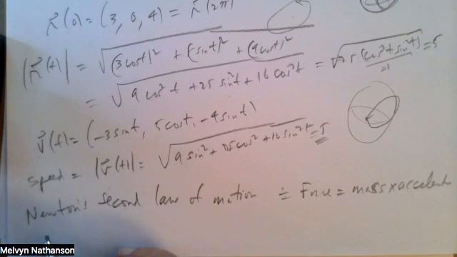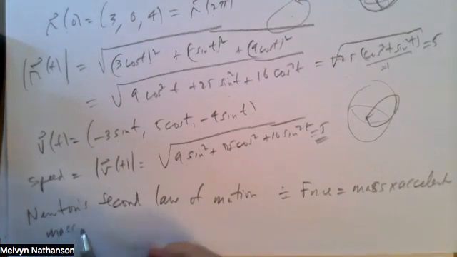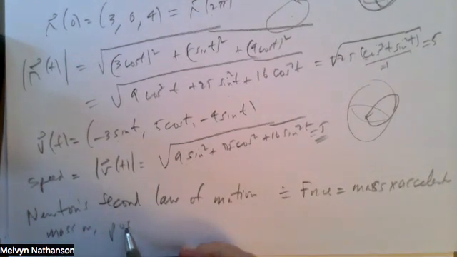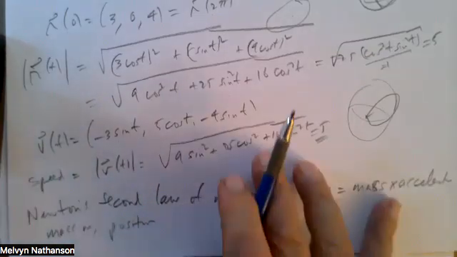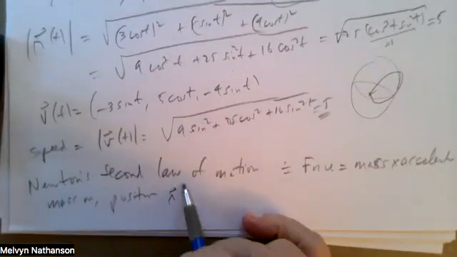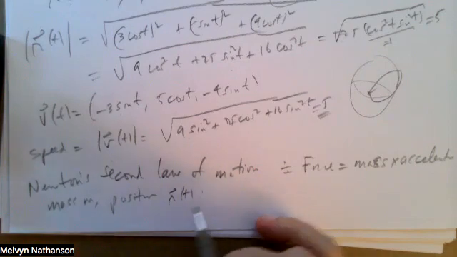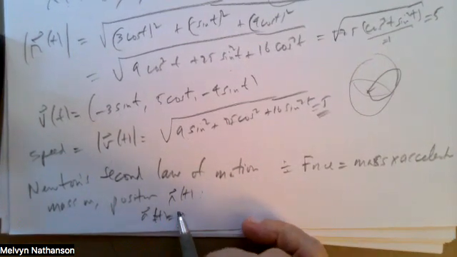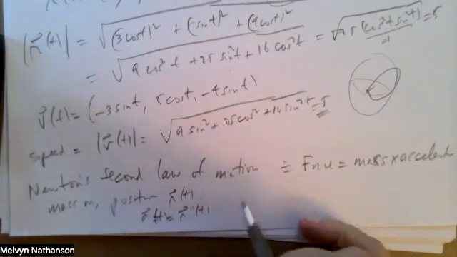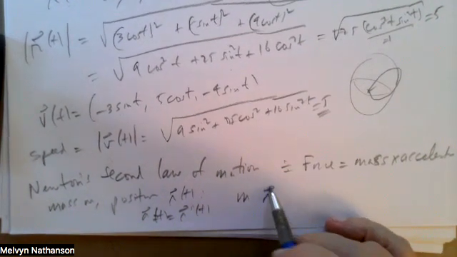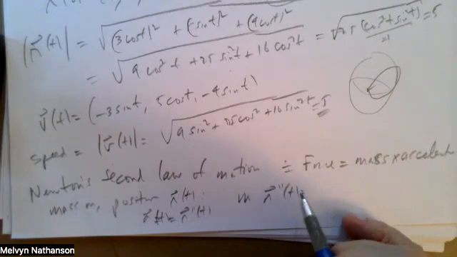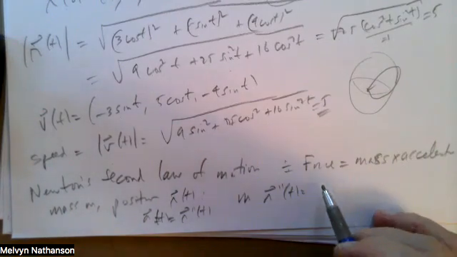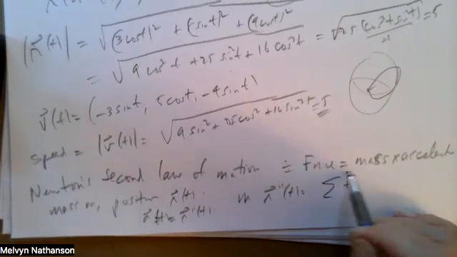So if you have a particle with mass m, position r of t, then the acceleration is the second derivative of r of t. So you have mass times the second derivative of r of t is equal to, I'll write it like this.